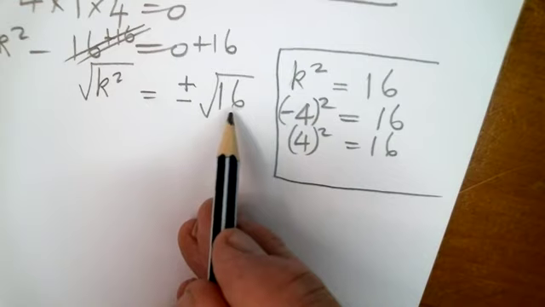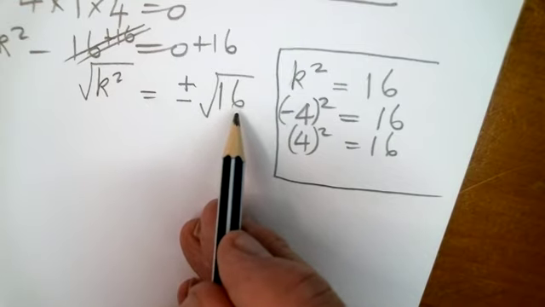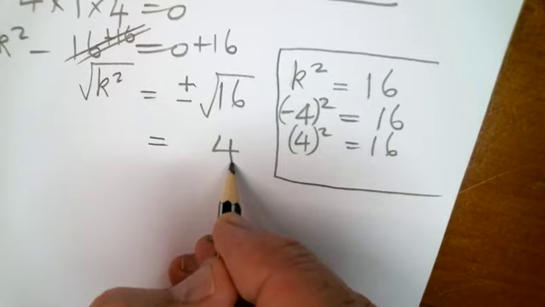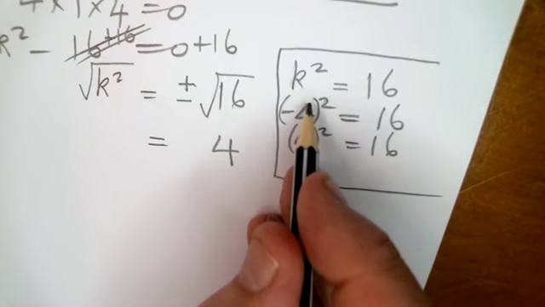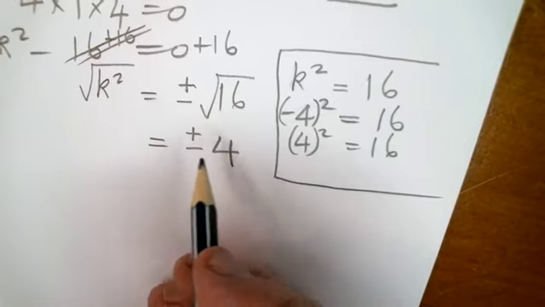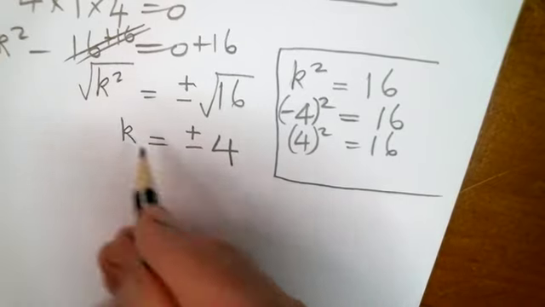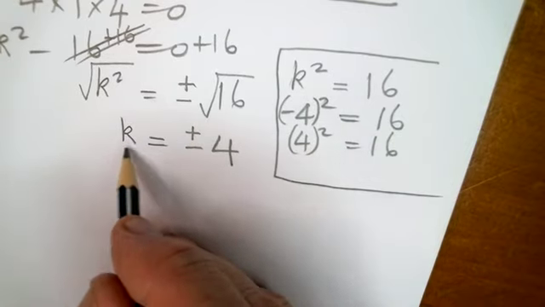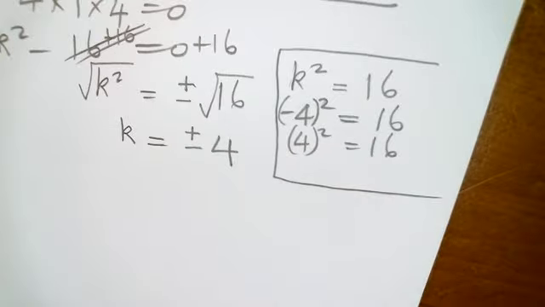Well, the square root of 16 is only 4. Because we know it could be plus 4 or minus 4, we have to put the plus or minus in front of it, showing the two options are potential answers. It could be plus 4, could be minus 4, but we know k has to be one of those two.